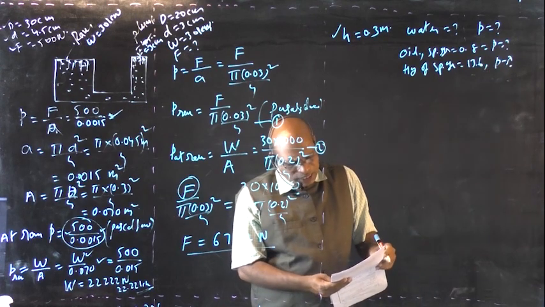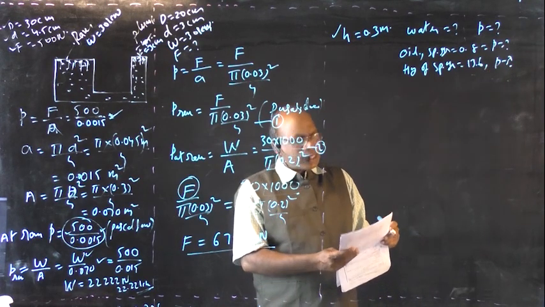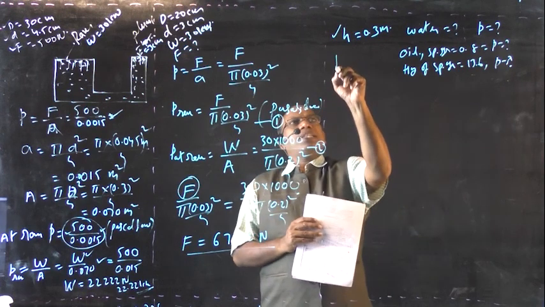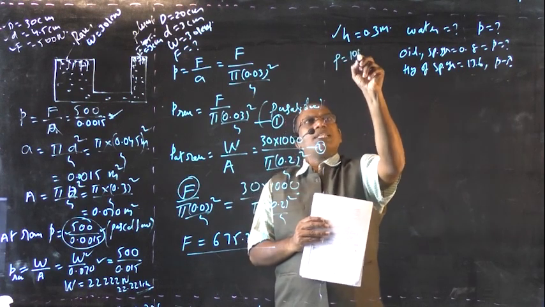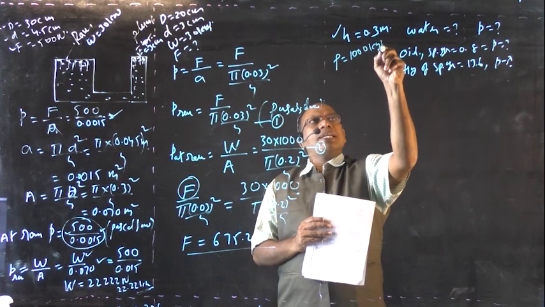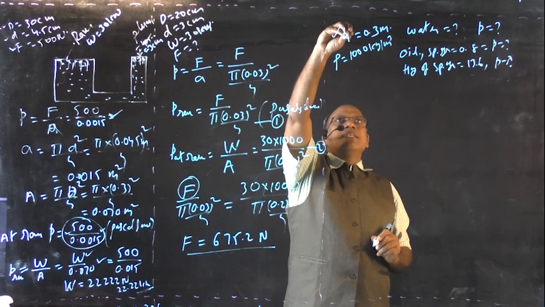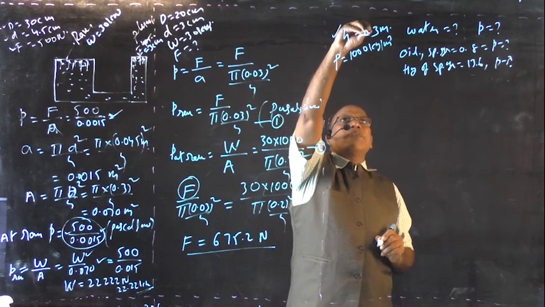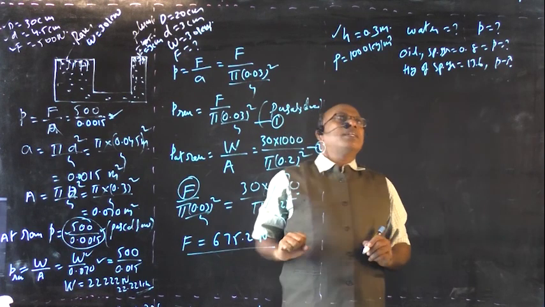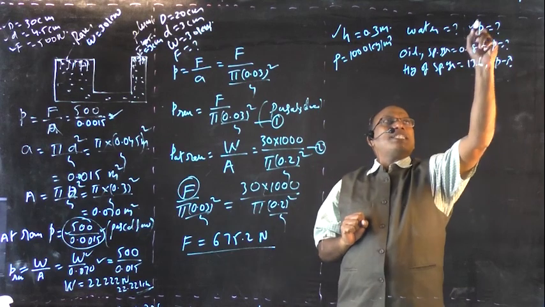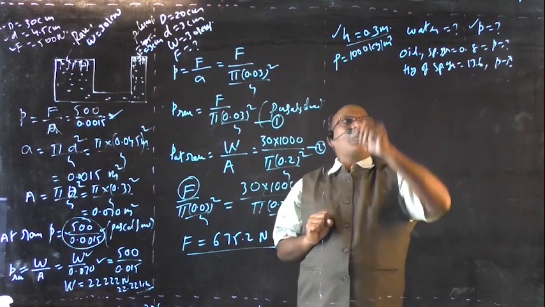Density of water is taken as rho equal to 1000 kg per meter cube. This is the given problem. They have given the column of liquid, that is 0.3 meters. What is the pressure intensity because of a 0.3 meter water column?